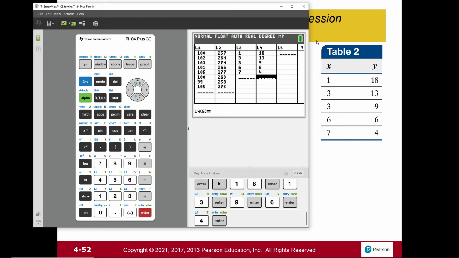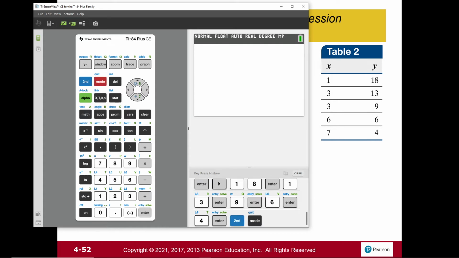All right, and now the next thing to do is, how would I find the R? And not only the R of L3 and L4, but the least squares regression line. So we're going to do all of that.